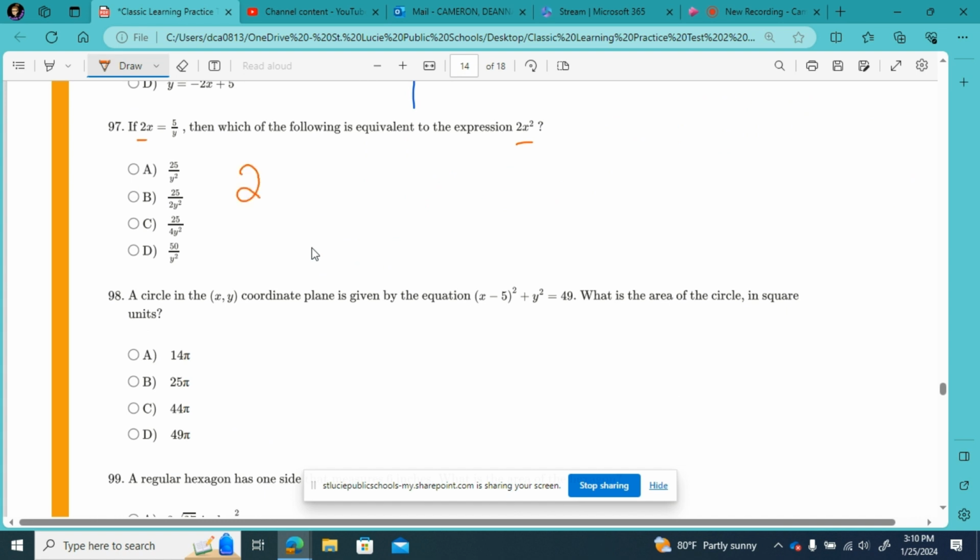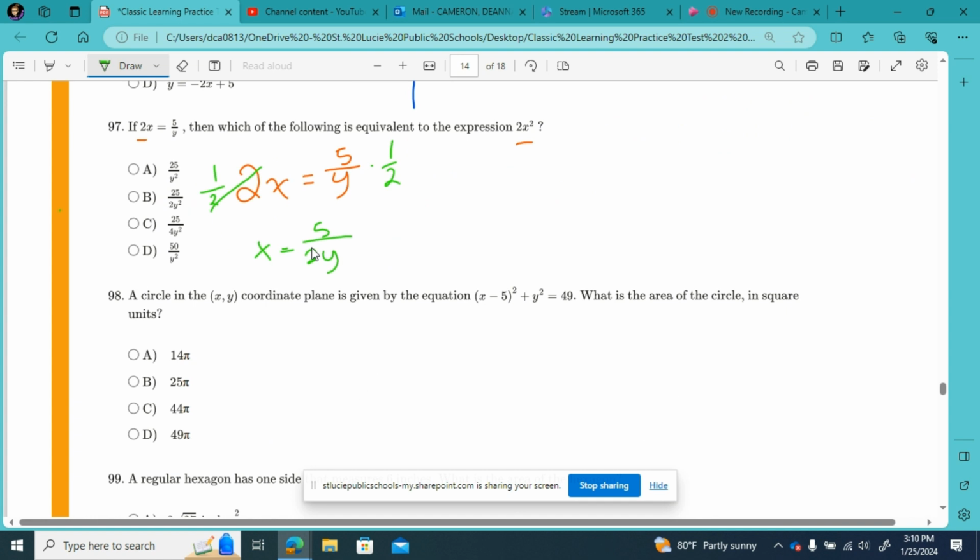So I'm going to say 2x equals 5 over y. And to cancel out my 2, I'm going to multiply both sides by a half to make those 2's cancel. So x equals 5 over 2y.